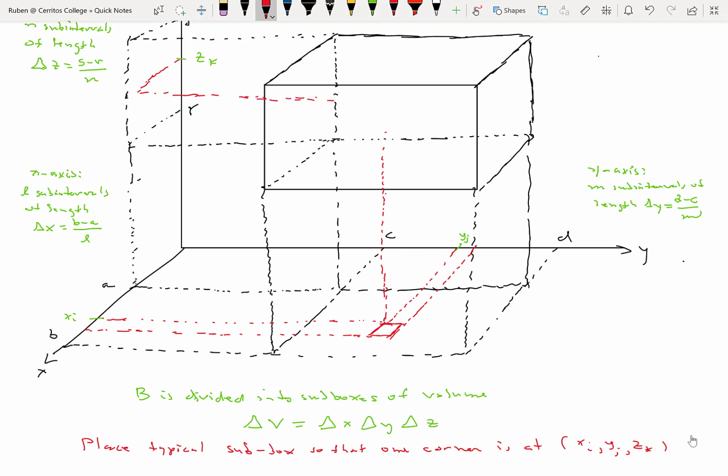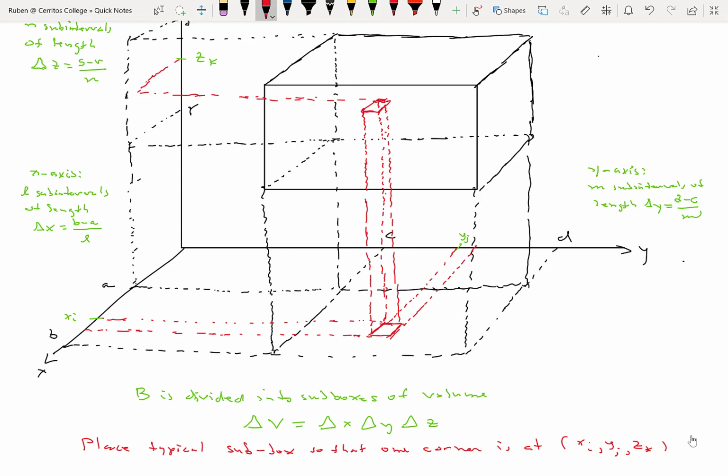Okay, here we are. And I'm going to create that little sub-box inside of the box B. Very careful drawing on my part.